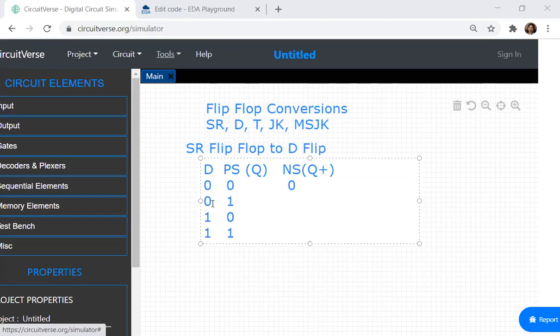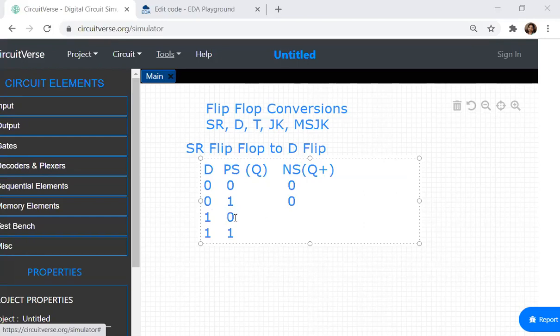Again here D is 0, whatever may be the Q value, the output will still be 0. What is a D flip-flop? A D flip-flop will follow the input. We are not worried about the present state and next state.